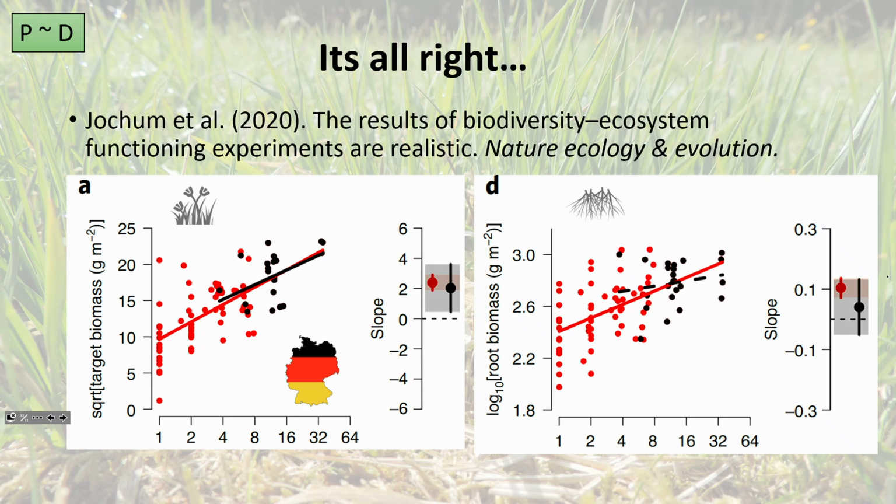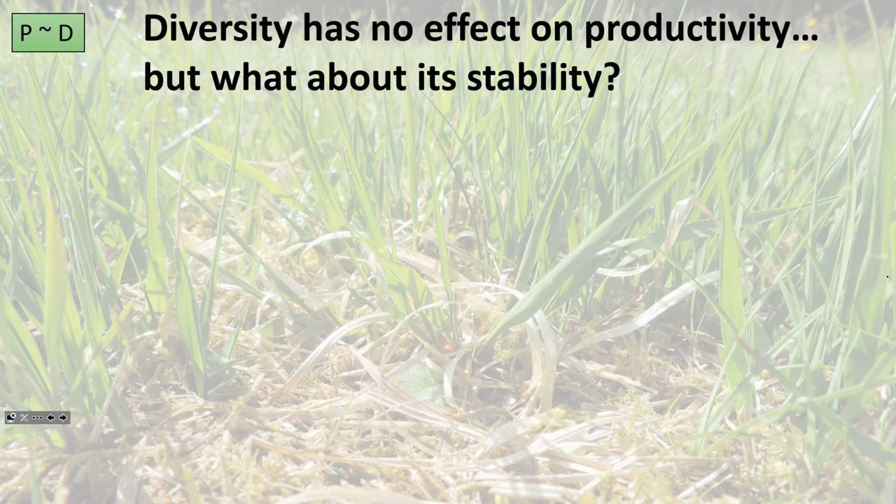However, it's also questionable, because the red dots are BF experiments, the black dots are observational studies, so not experiments doing species removal in nature. This is observational studies. So. But anyway.